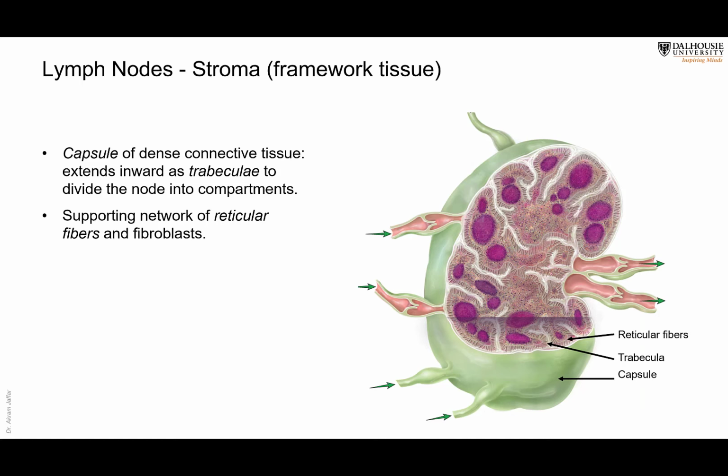A lymph node consists of a capsule. As I said, the essential thing is that they have a connective tissue capsule, and from the capsule of dense irregular connective tissue, there are septa, trabeculae, that divide the lymph node into compartments, and then there is a framework of reticular fibers.